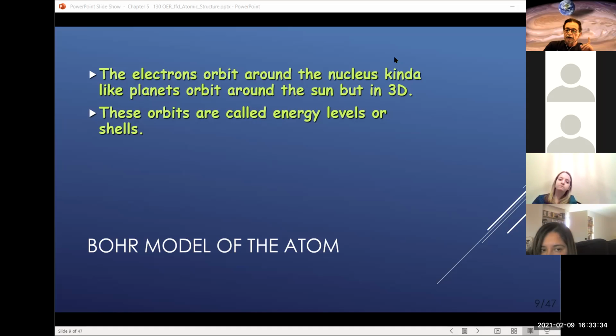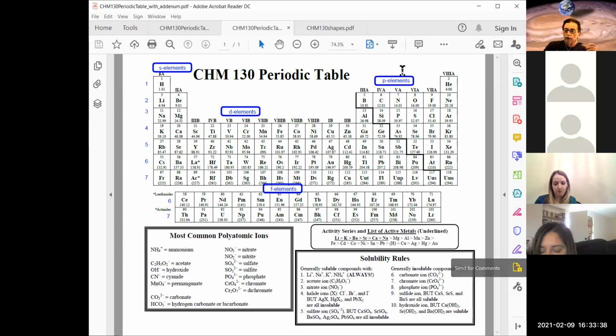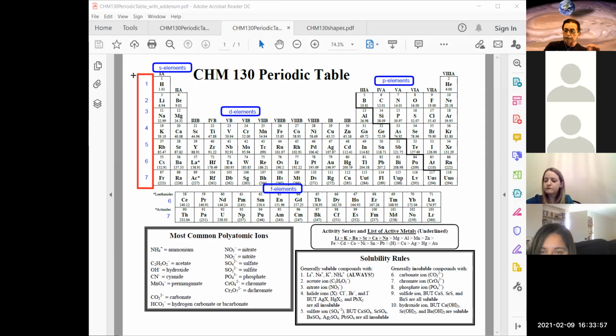All right. Now, if you look at the periodic table that we use, what I've done here, if you haven't done it, you might take a pencil and, starting with hydrogen and working your way down the column, you have 7 levels. We call those periods, they go across. So period number 1 goes from hydrogen to helium.